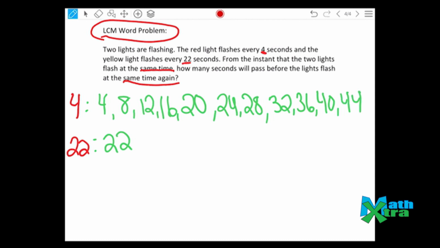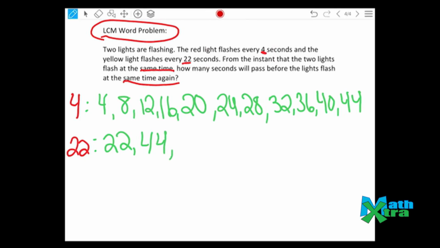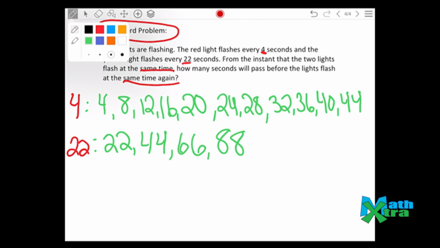Let's stop right there and work on 22, because if you know your numbers, you kind of see what's happening now. So let's think about the multiples of 22. That's fairly easy. We have 22, 44, 66, and 88. Now we can stop. I know that the same time that they will flash again will be at 44 seconds. Right here and right here.